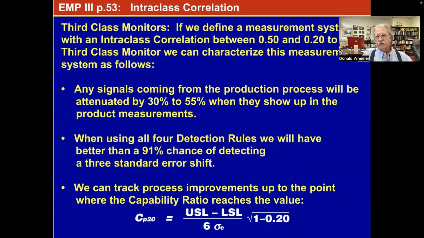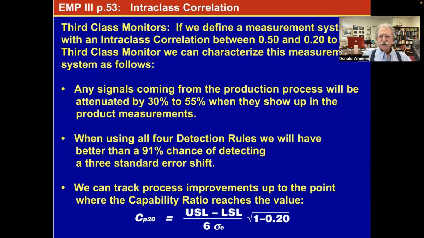If you have an intraclass correlation between 50% and 20%, you have a third-class monitor. Here, any signals coming from the production process will be attenuated by 30 to 55% when they show up in the product measurements. Using all 4 detection rules, we will have better than a 91% chance of detecting a 3 standard error shift with our third-class monitor.